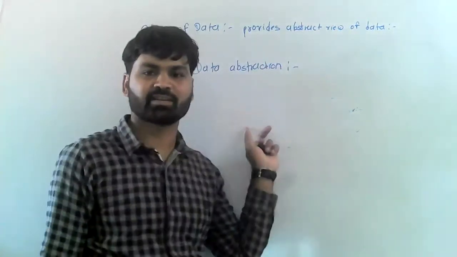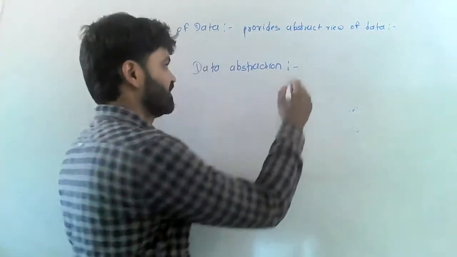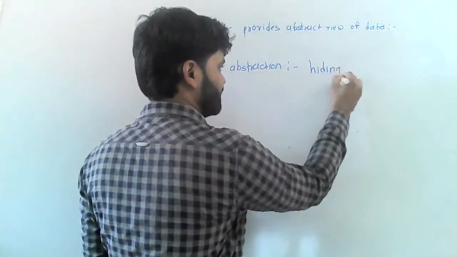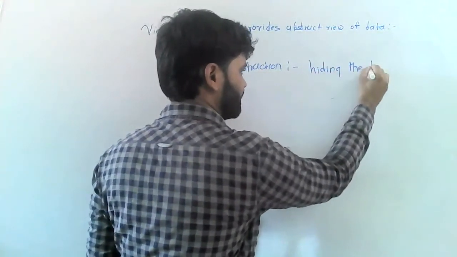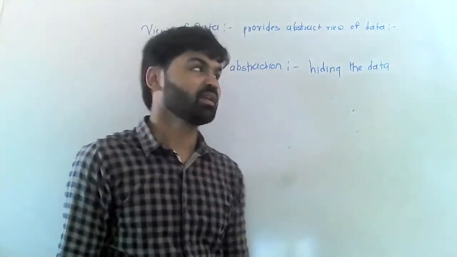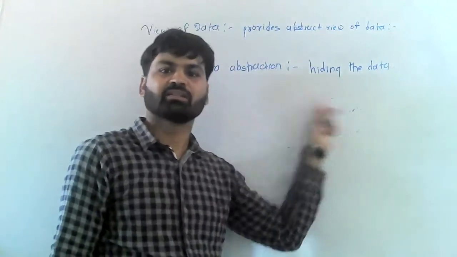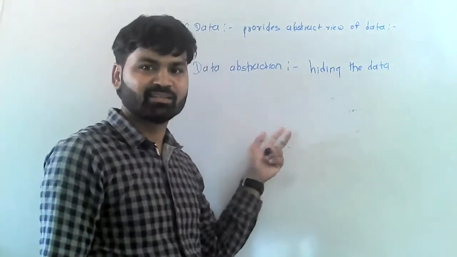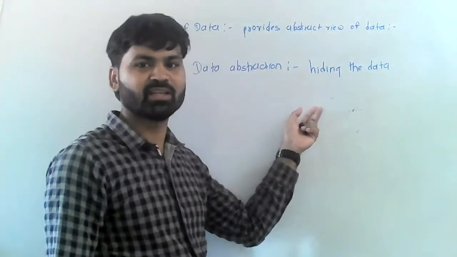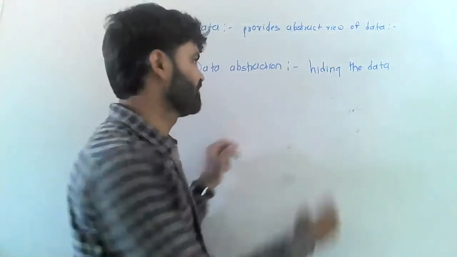Then, what is data abstraction? Data abstraction is the process of hiding the data. Hiding the data means extracting the important features or useful data from the database management system.